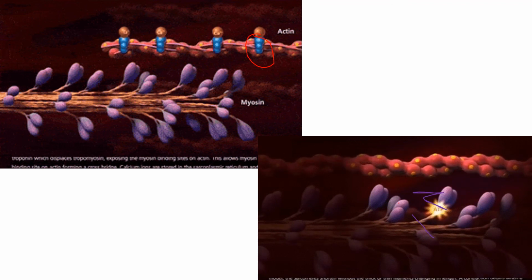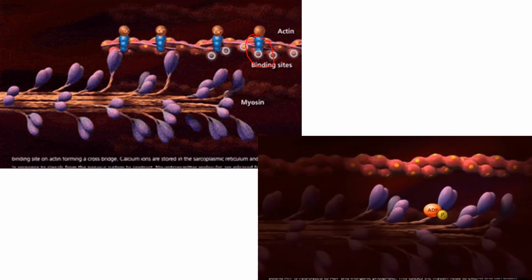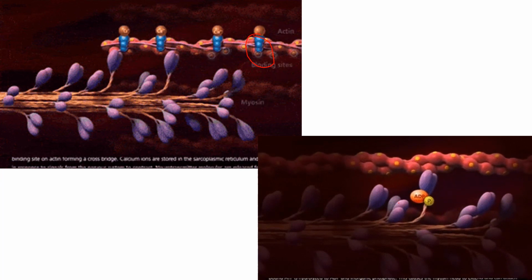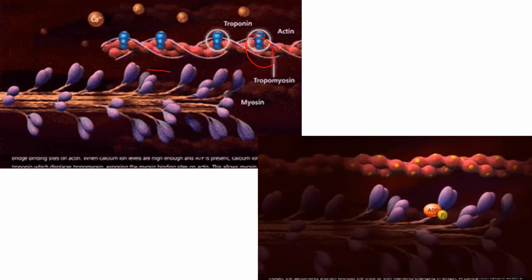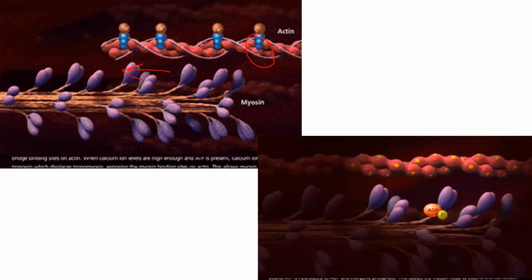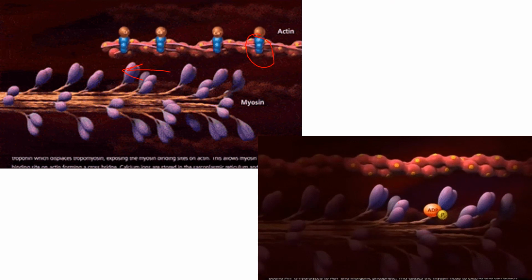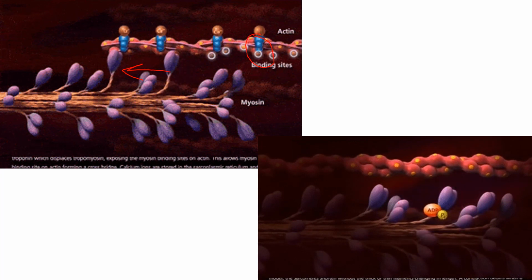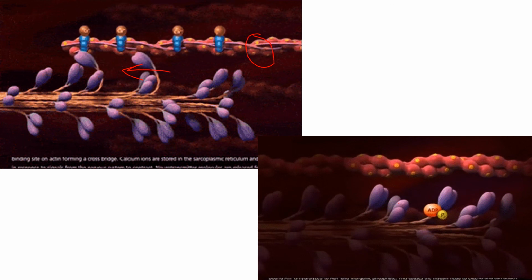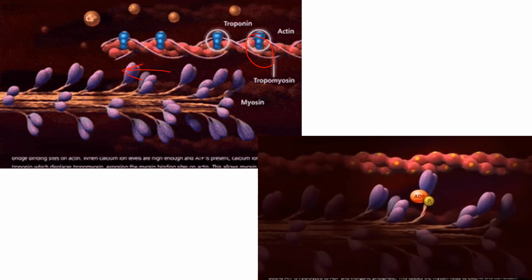Okay, this is going to bend drastically, pulling the actin in this direction. Okay, this is where we get our sliding filament theory, because the actin moves past the myosin via that power stroke, that bending action of our myosin head.